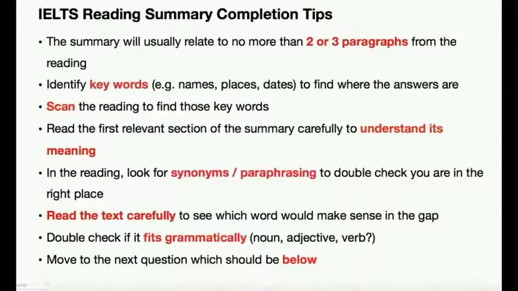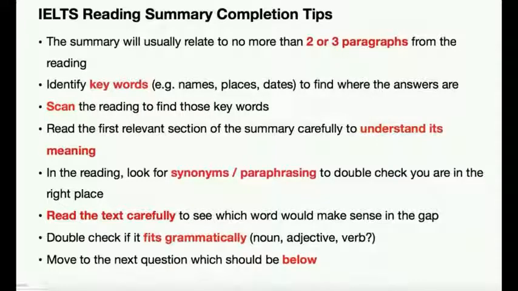With IELTS reading summary completion questions, it's very important that you understand the meaning of what you're reading. So you need to read the first relevant section of the summary carefully to understand what it is actually saying. If you don't understand what it's saying, you're not going to be able to find which part actually fits. The next bit, in the reading, look for synonyms or paraphrasing to double check you're in the right place.